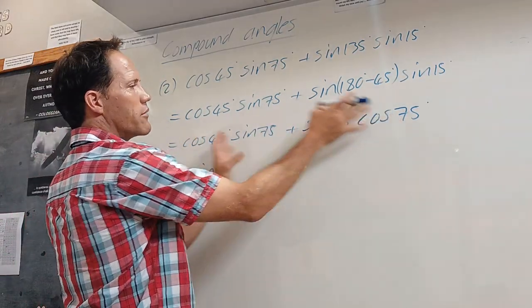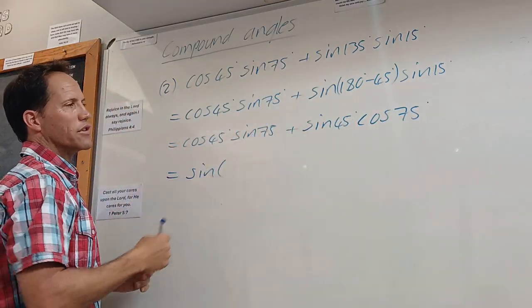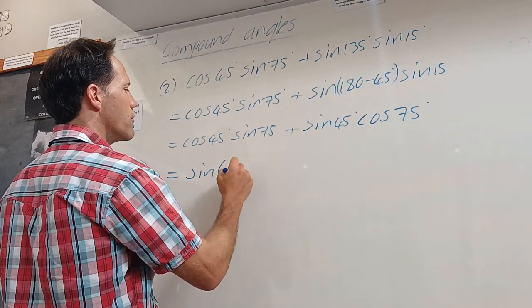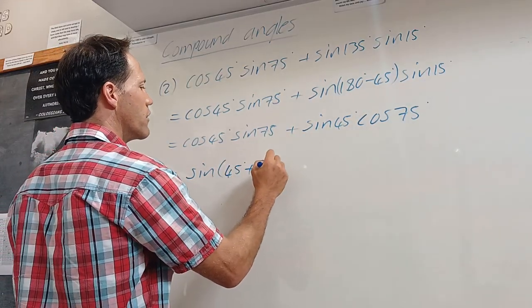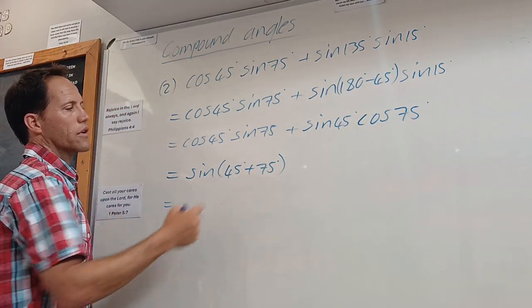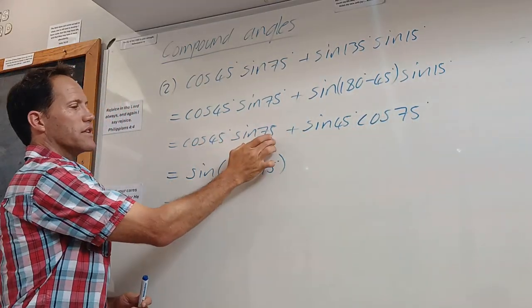So I can maybe just swap them around. It doesn't really make a difference because it's plus anyway. And we're just going to have 45 plus 75. Sine alpha plus beta is sine alpha cos beta plus cos alpha sine beta.